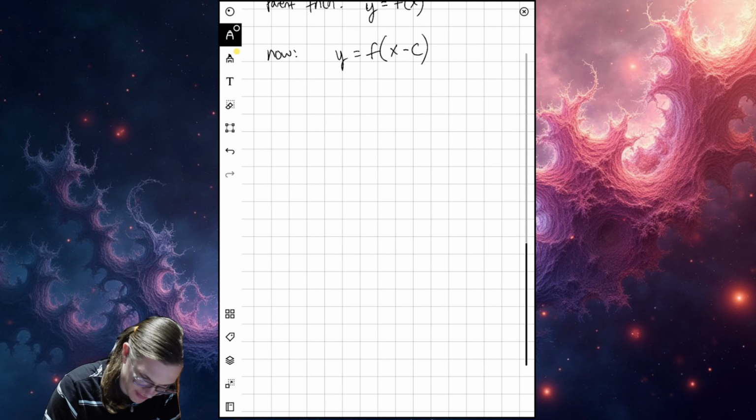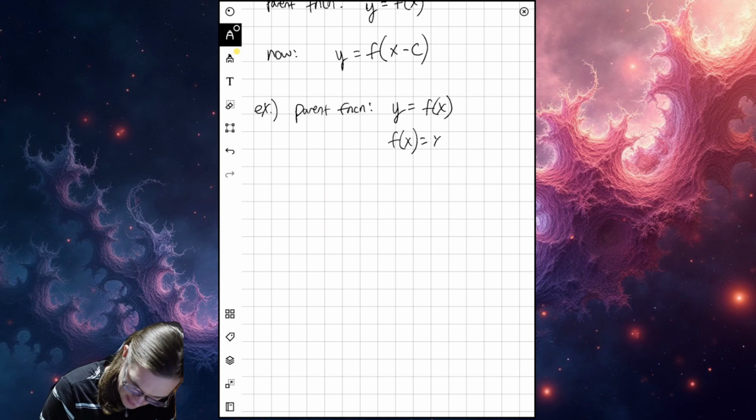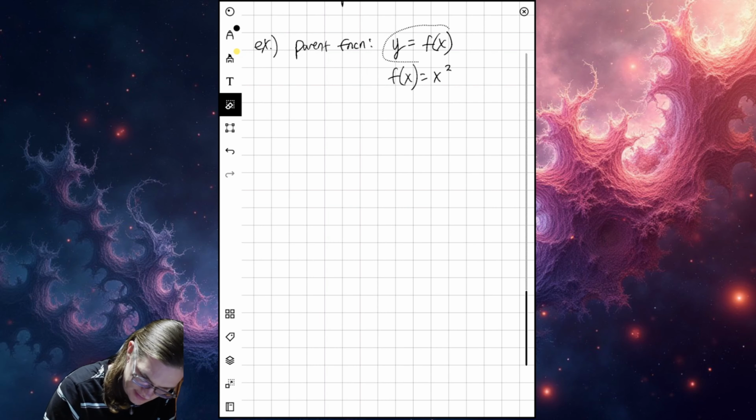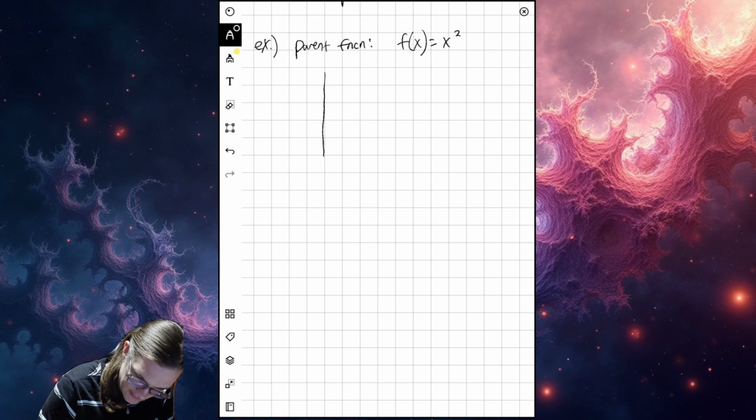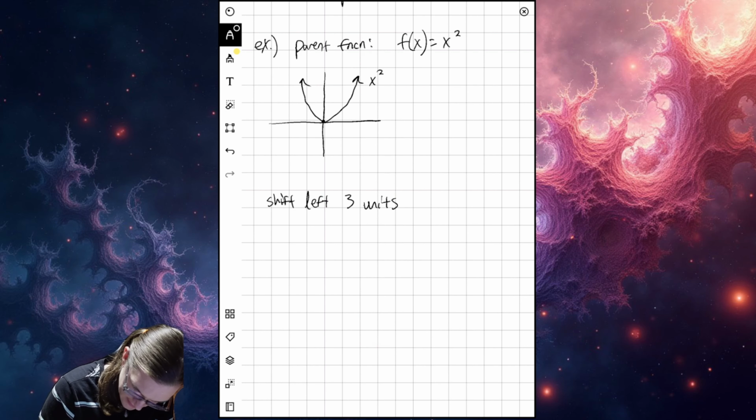So for the example, we'll do the same parabola, right? Parent function is y equals f of x, which here f of x is x squared. And I can just leave this out. So here's our original graph, the basic parabola x squared. And then say shift left 3 units.